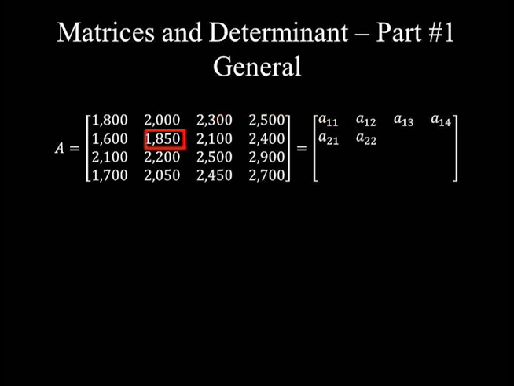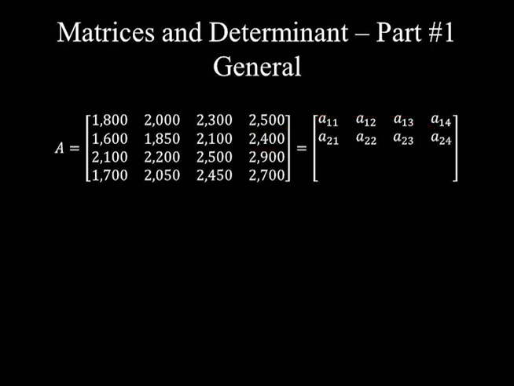The second row and third column element, that's 2100, is denoted as a sub 23. This means that the element is located at second row and third column. The last element of row 2 is positioned at row 2 and column 4. So its A sub ij representation is a sub 24.